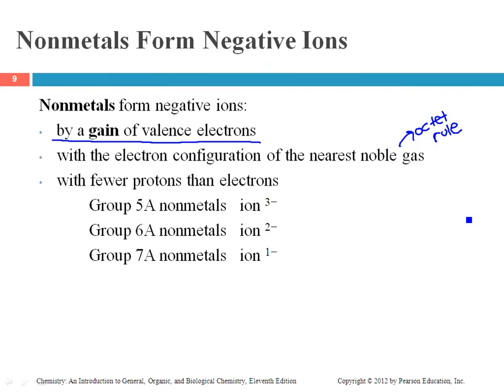So group 5 nonmetals form a negative 3 ion, group 6 a negative 2, and group 7 a negative 1, because they only need 1 electron to have 8. So 7 plus this 1 gives us 8. We have 6 valence electrons plus 2 gives us 8. So all we're doing here is getting 8 valence electrons.